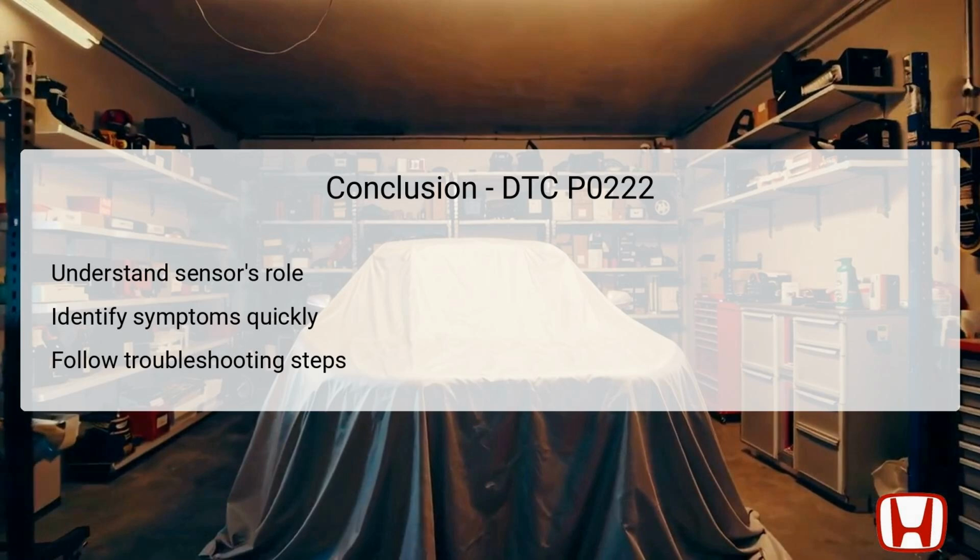Addressing issues quickly not only restores vehicle performance, but also ensures safety for the driver and passengers. Additionally, practicing preventive maintenance can assist in sustaining vehicle integrity over time, reducing the likelihood of recurring problems related to throttle position errors. Keeping the vehicle well maintained remains crucial for optimal performance and reliability.